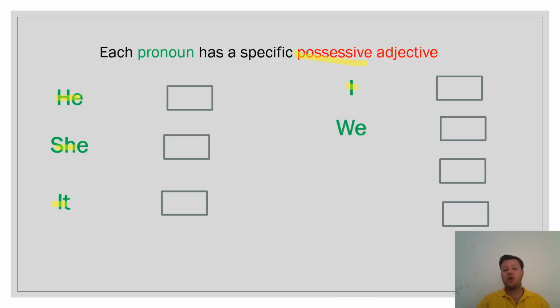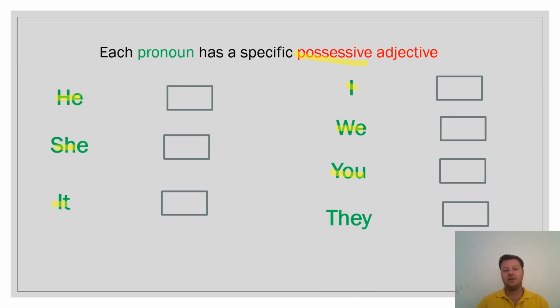Next one is we. We will always be more than one person. So use your finger and let's do this. Teacher Al and you. We are more than one person, so we. You. You can be for one person or more than one person.